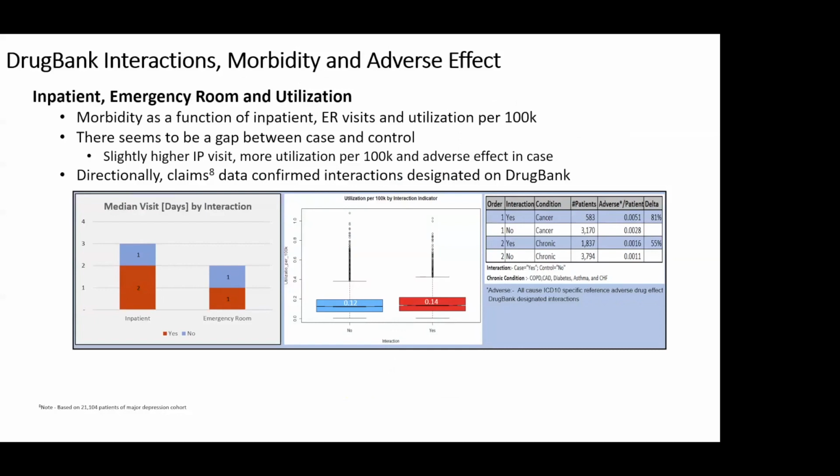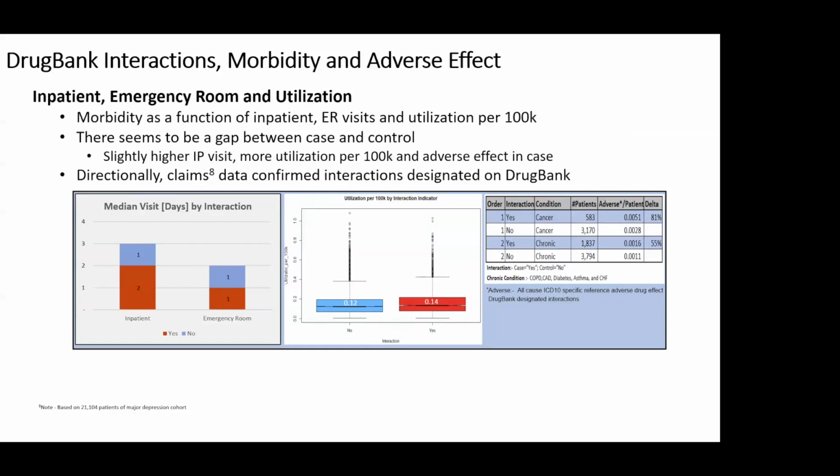Not a whole lot of difference when you look at emergency room visits. If you look at the utilization per 100K, the box plot in the center, there's a slightly higher utilization for those in the yes indicator versus those in the no. We also decided to look at some other underlying conditions. By underlying condition here, we look at patients with cancer.